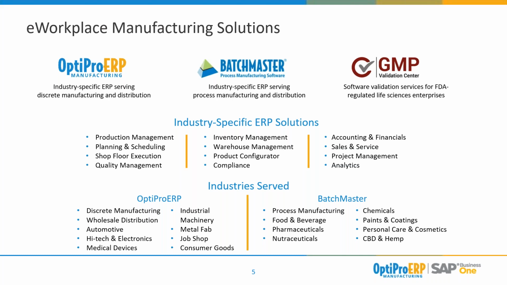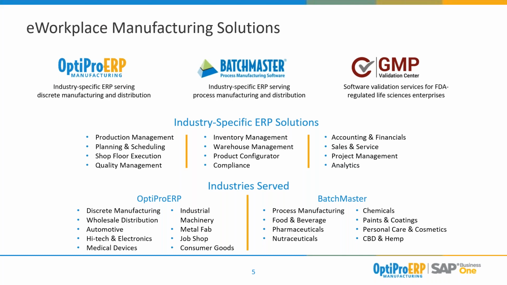And then we achieve the second part, helping small and mid-sized manufacturers and distributors succeed in the digital economy, and that is through market-leading technology via SAP Business One. Both OptiProERP and Batchmaster are embedded in SAP Business One, which is SAP's ERP platform designed specifically for small and mid-sized businesses.